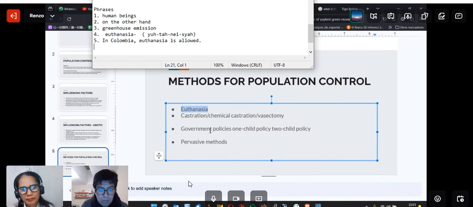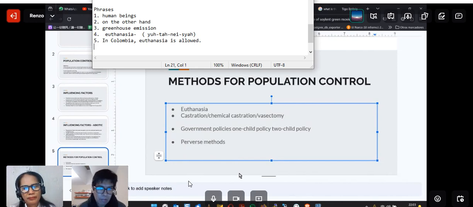But there are other methods for population control that were implemented by governments, and we will see the examples, mainly of China and India, especially China because they had this policy for nearly three decades. And there are also perverse methods.